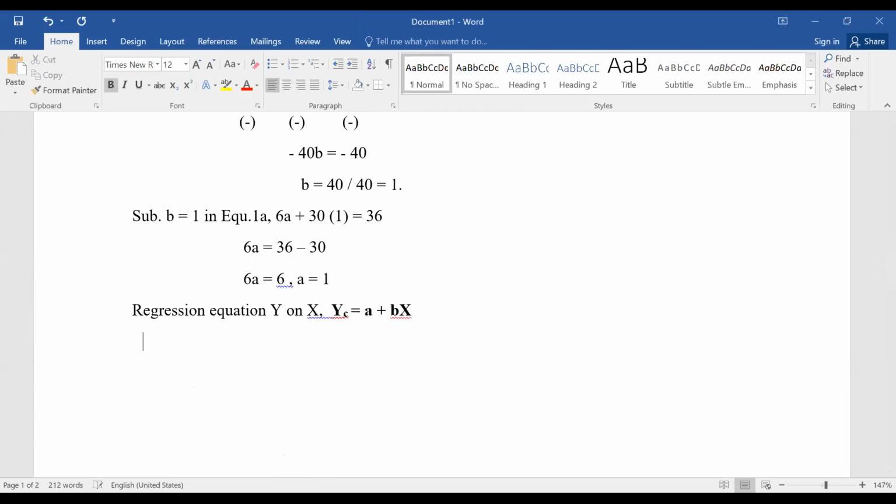The regression equation y on x will be yc equal to a plus bx, where instead of a you substitute 1, because a is 1, and instead of b you substitute 1 into x, which is x. So this is the answer: the regression equation of y on x is y equal to 1 plus x, where this is the a value and this is the b value.